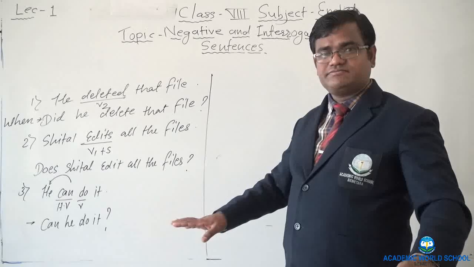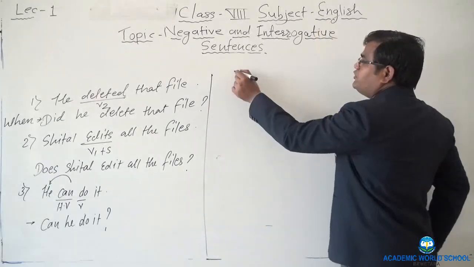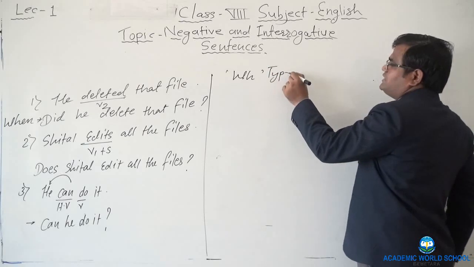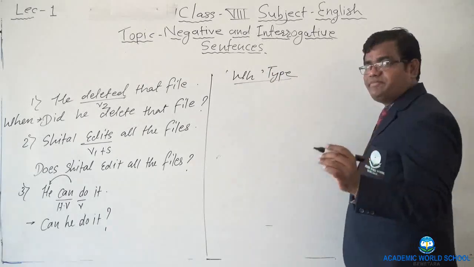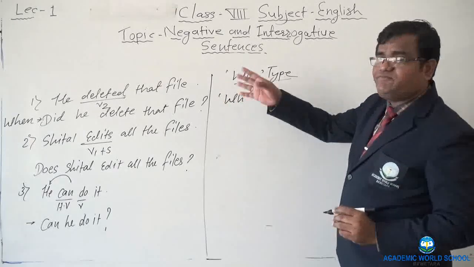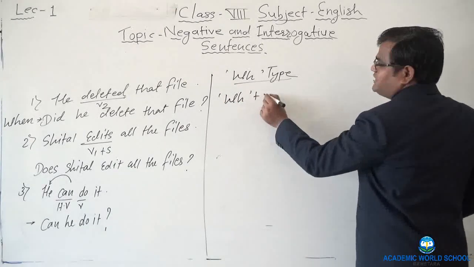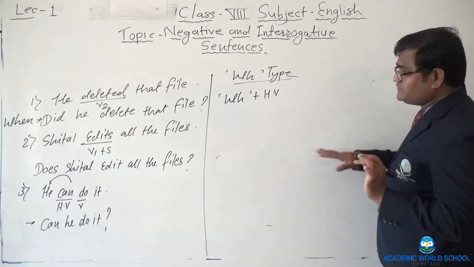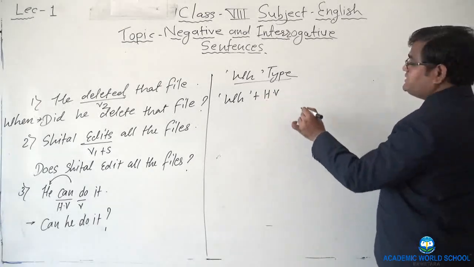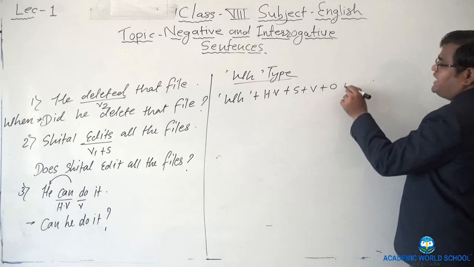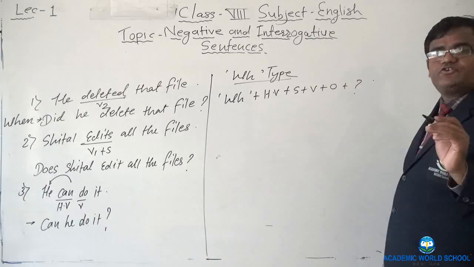Now no mistake, right? So when I say WH type of question, the formula becomes simply: I will use the WH word and the same formula of interrogative sentences. Then the helping verb I need, it is the formula of interrogative, right? Beginning from here. Then subject, then verb, and then object, and then finally we put a question mark.